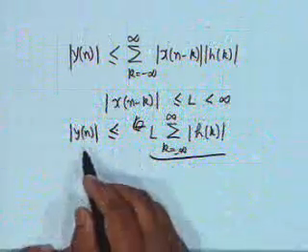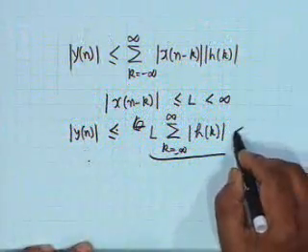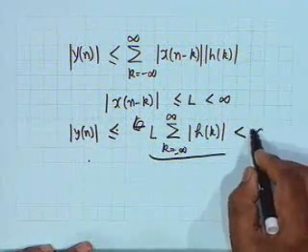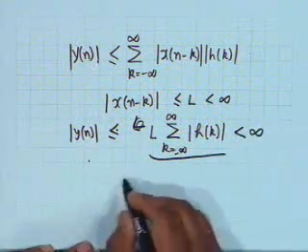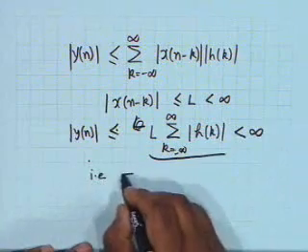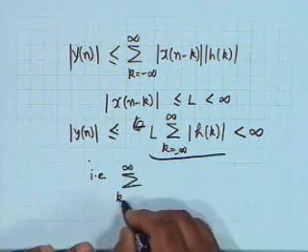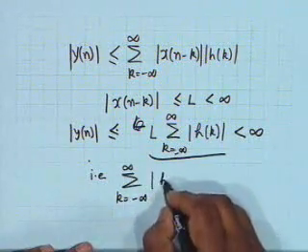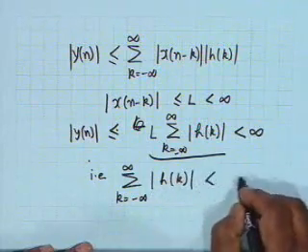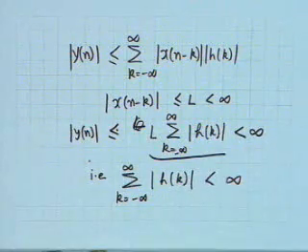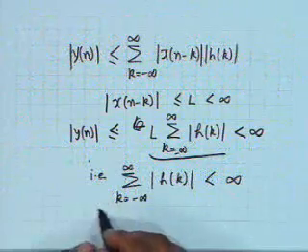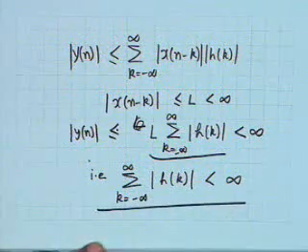This is the magnitude of y of n, this should be bounded. In other words, you want this to be less than infinity, which means that the summation k equals minus infinity to infinity mod h of k should be less than infinity. This is therefore a condition on the stability of the system.